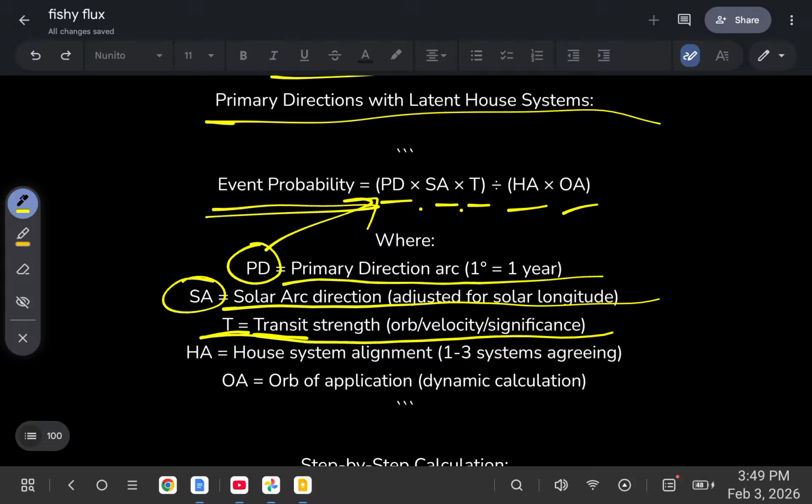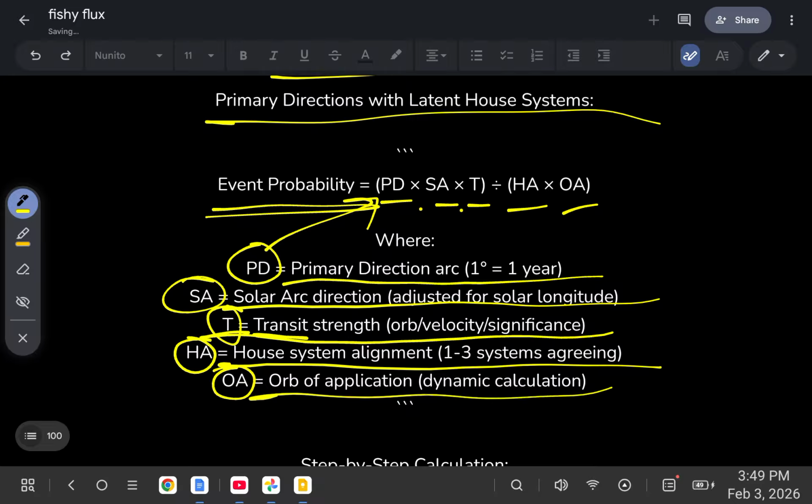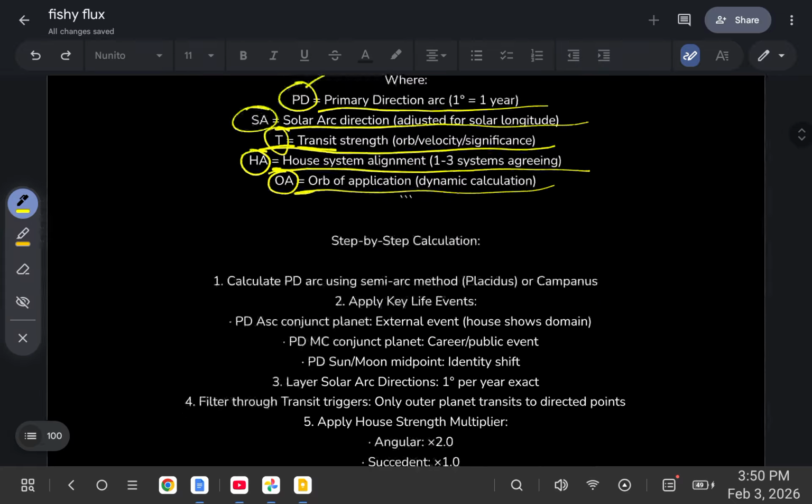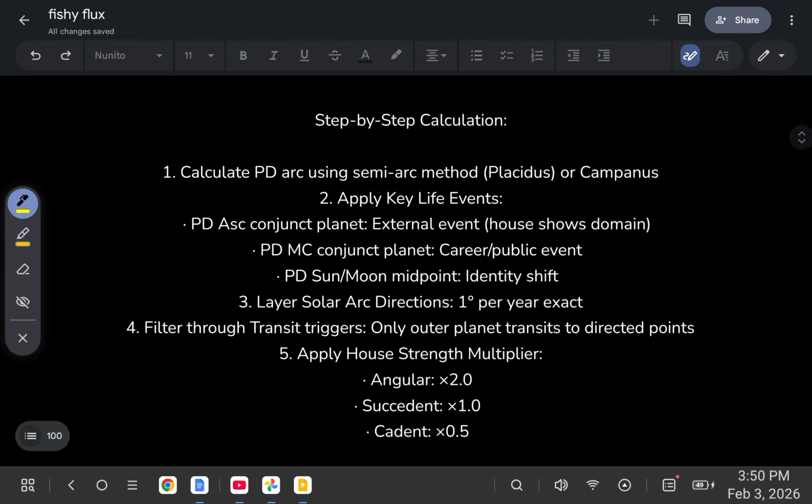And we're going to divide these 3 things with 2 things, HA and OA. So HA is what? House system alignment, 1 to 3 systems agreeing, and OA is an orb of application dynamic calculation. So now that we know what we're doing, let's look at it in more detail, step by step.